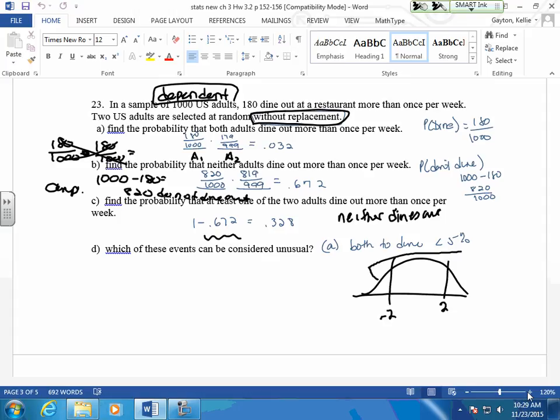So this and this add up to 5%. This adds up to 2.5%, 2.5%. So if I find something less than 2.5% or more than 97.5%, then I've got something unusual. So if it's less than 5% or less than 2.5%, then you're fine.